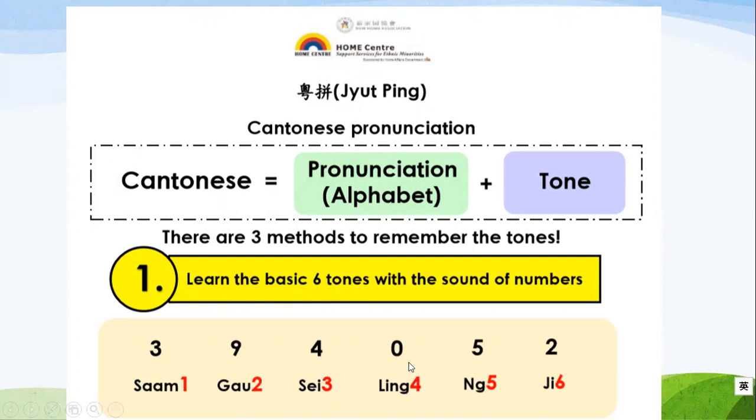The fourth tone should be like 0. The fifth tone should be like 5. The sixth tone should be like 2. 3, 9, 4, 0, 5, 2. Try to repeat and repeat until you can remember the tones.